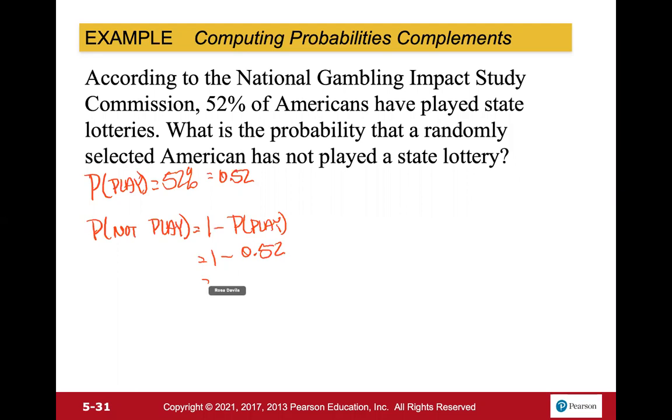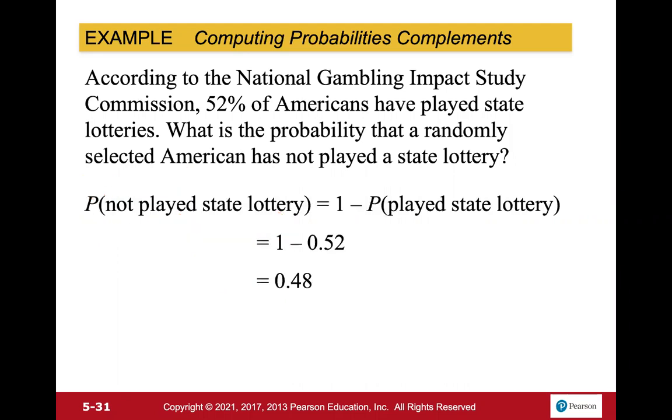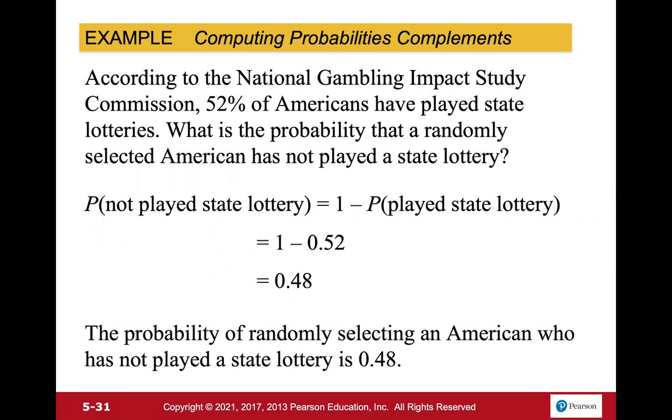We could plug it into a calculator, but if you're comfortable doing that math in your head, that would be 0.48. So the probability of not having played the state lottery is 1 minus the probability of having played, which is 0.48. Beautiful. So the probability of randomly selecting an American who has not played a state lottery is 0.48.